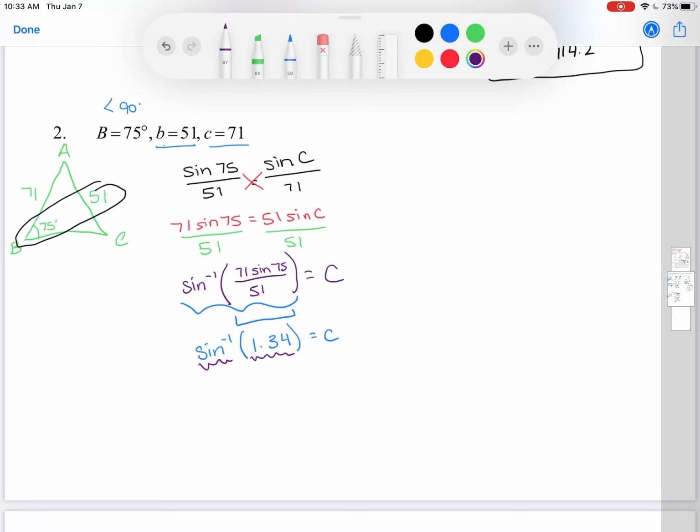Now, if you just pause for a second and think back to our unit circle, did we ever have a sine value or even a cosine value that was greater than 1? Remember the unit circle, unit meaning 1. The biggest value we ever got around that entire circle, whether it was for cosine or sine, was 1.